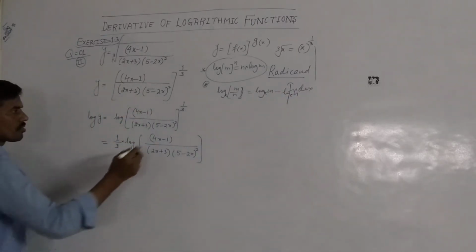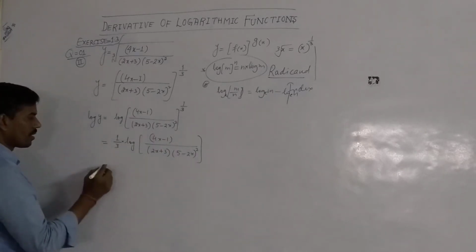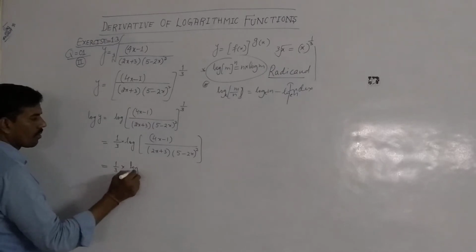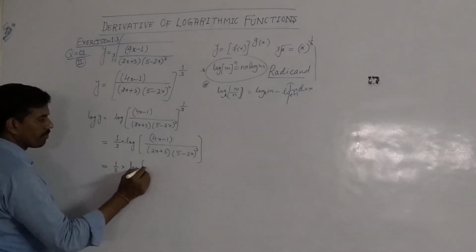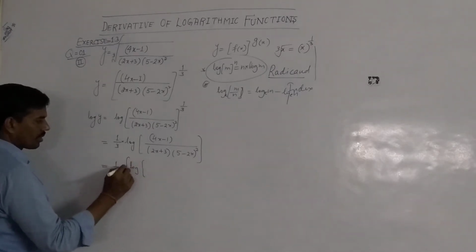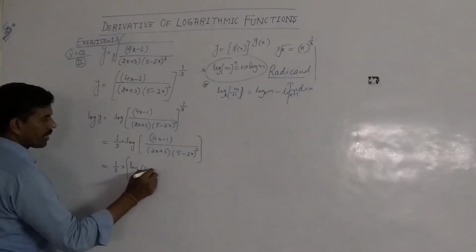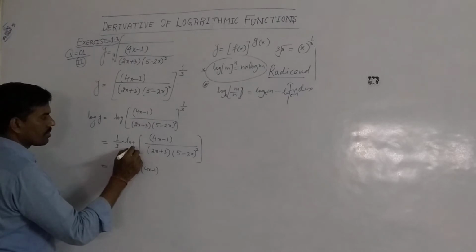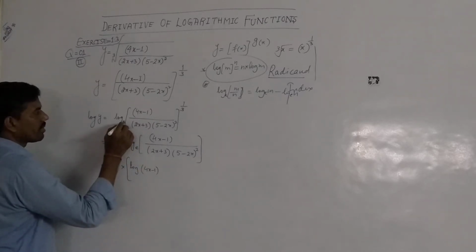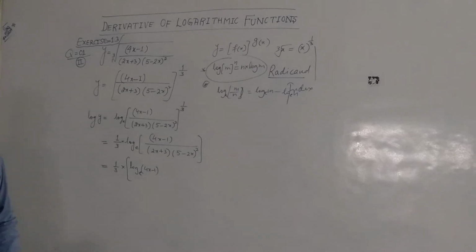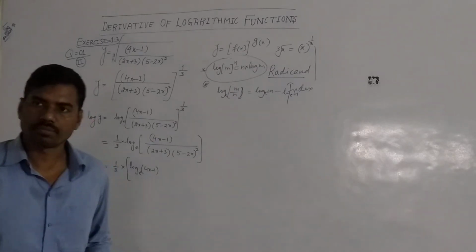So applying, this one is m, this one is n. So this one is equal to 1 by 3 into log of m. M means you can write it as log of 4x minus 1 to the base e. You can write base e or you are free, right? E is understood, means natural logarithm.